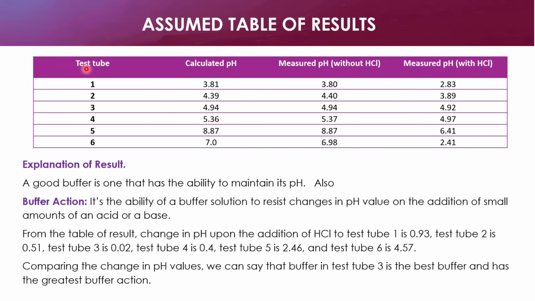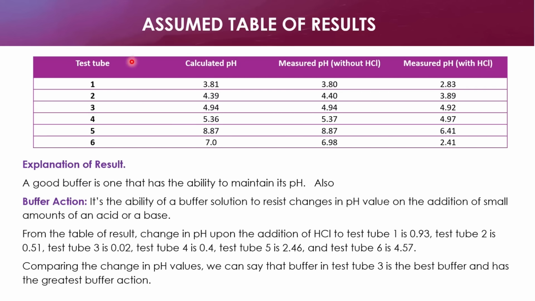For test tube 2, the calculated pH is 4.39, the measured pH without HCl is 4.40, and the measured pH with HCl is 3.89. For test tube 3, the calculated pH is 4.94, the measured pH without HCl is 4.94, and the measured pH with HCl is 4.92.